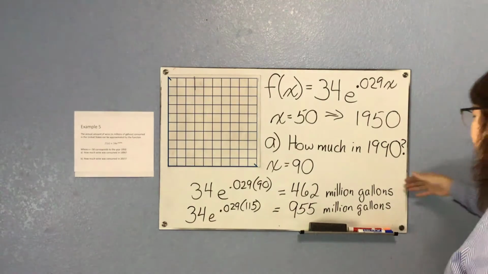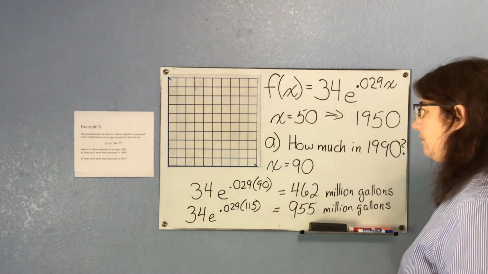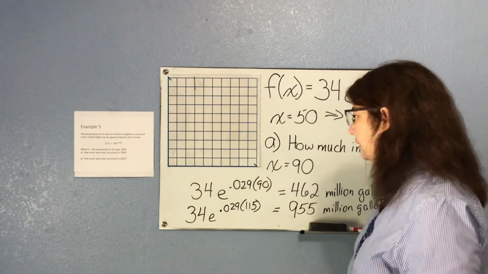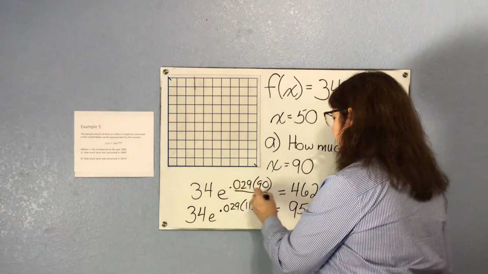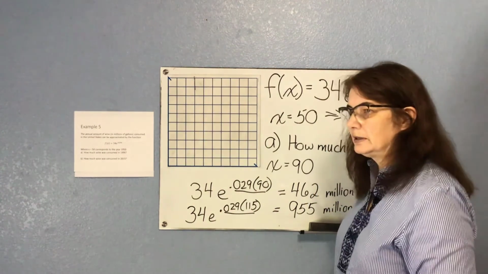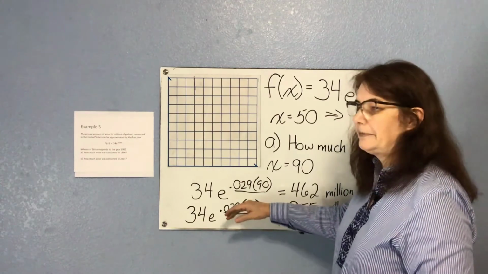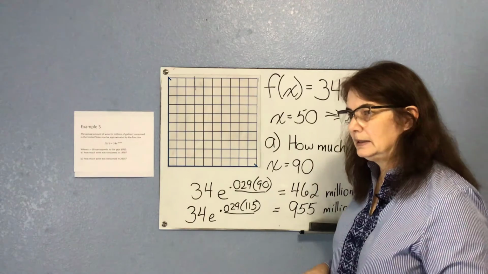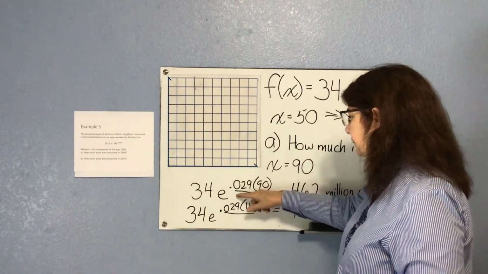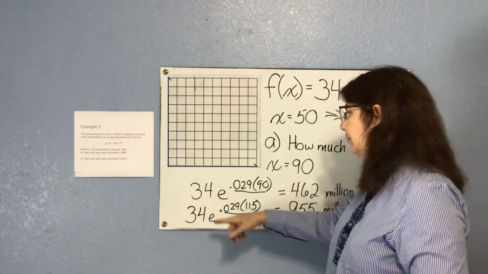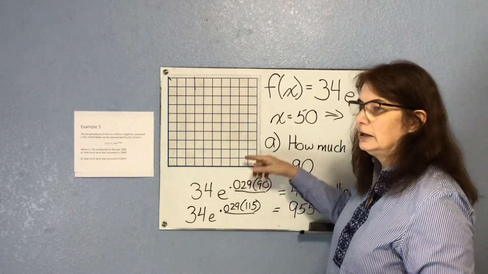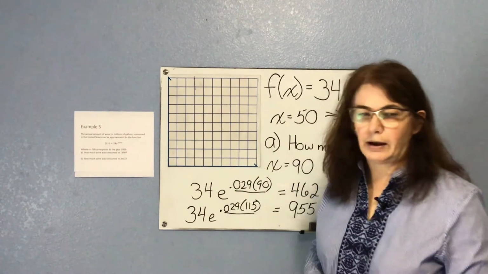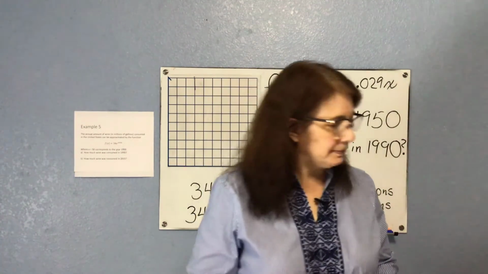So you can see that the rate of consumption is going up very quickly. When you're working these problems with a calculator, I would suggest that you figure the exponent first. It can be difficult to put in multiplication in the place for that exponent. Easy to make a mistake. So figure out the exponent first, and then go back and do 34 times e to the power that you got.